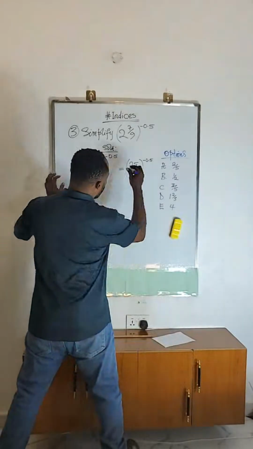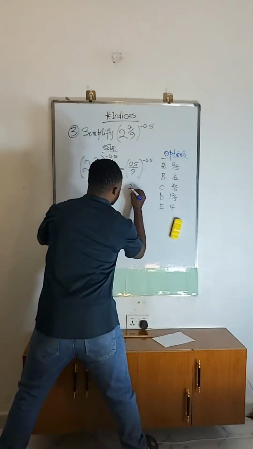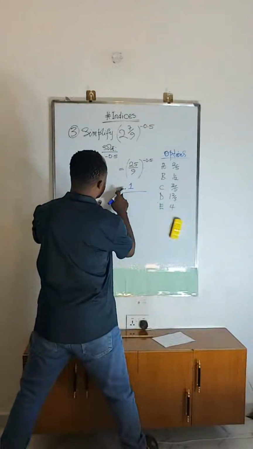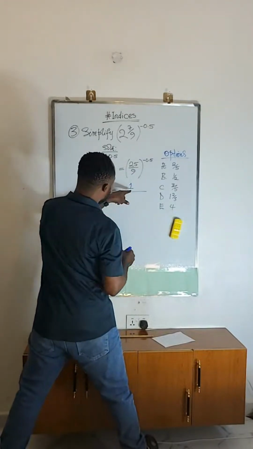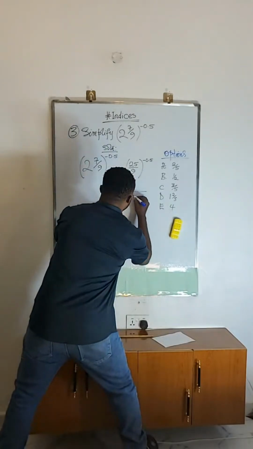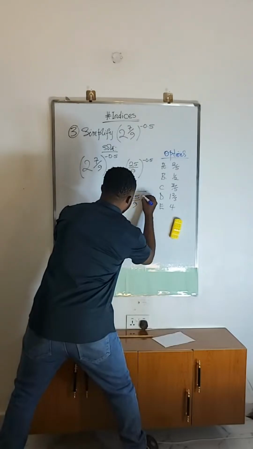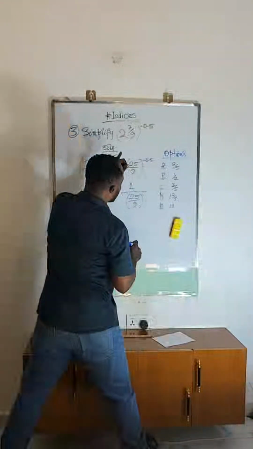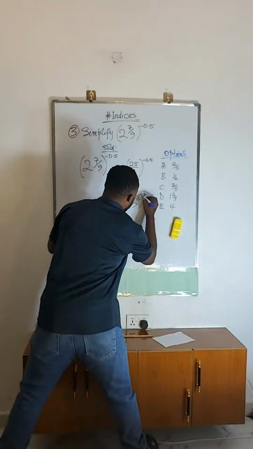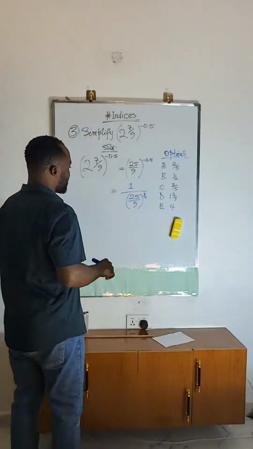Okay, the next step we are going to have 1 over 25 over 9 raised to the power of. Now let's interpret this 0.5 as 1 over 2, because they mean the same thing.